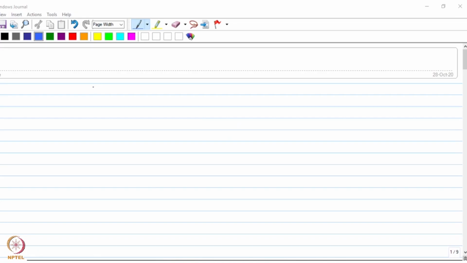So, there are two things which are to be considered with regard to that. One is wetting of the particles by the metal. When you add these particles into the liquid melt, whether the surface of the solid particles is wetted by the liquid or not, that is very important, because that is going to decide whether a bond between the particles and the metal will form or not.